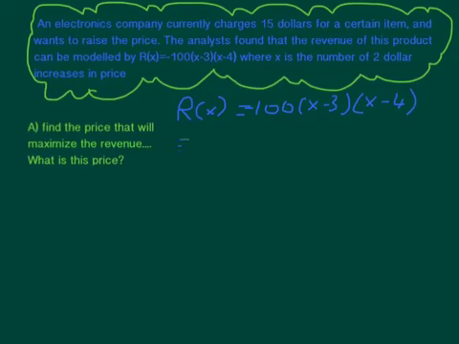So this equals -100(x squared minus 7x plus 12). Again, looking at this 7, dividing it by 2 gives 3.5, and then squaring it, 3.5 squared is 12.25. So that's what I'm going to do.